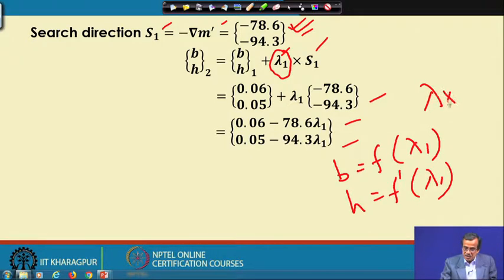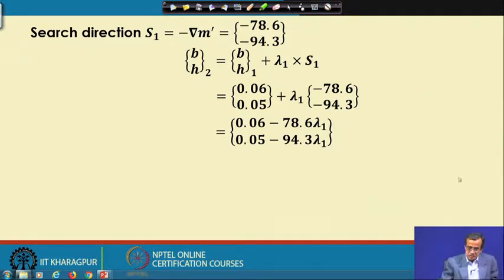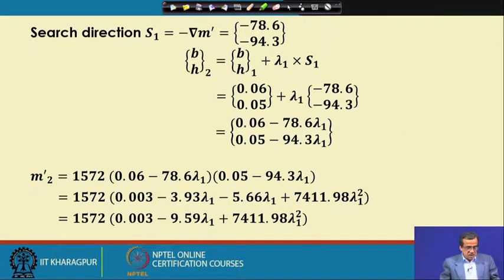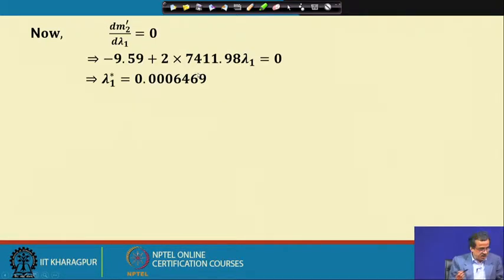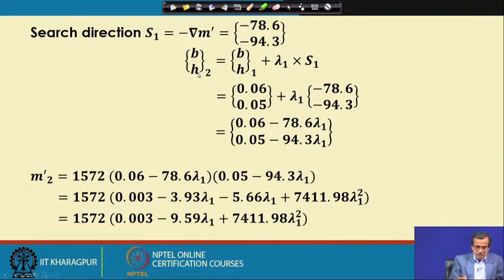Now, what we can do is find out what should be this lambda 1 star. To find lambda 1 star, we substitute the values of B and H in the expression of the objective function.